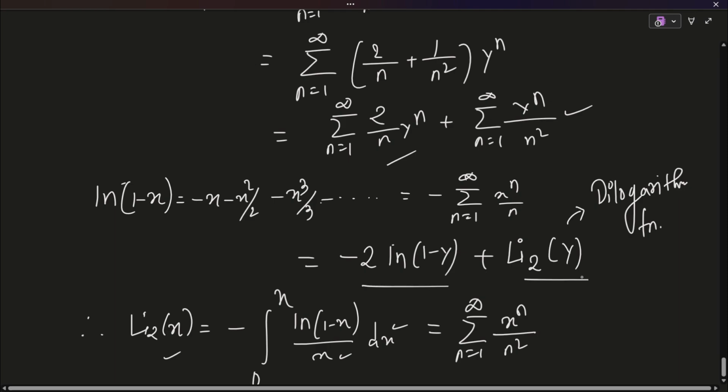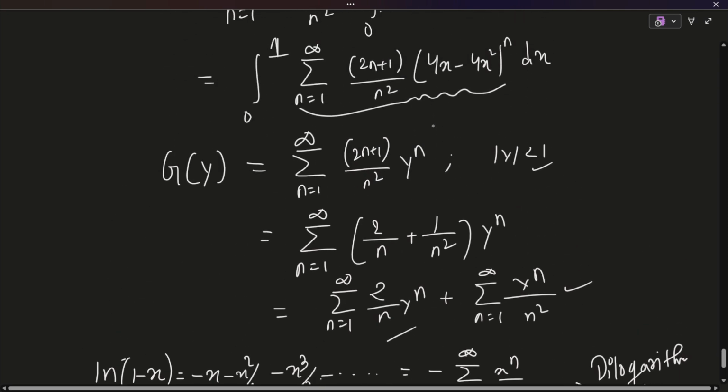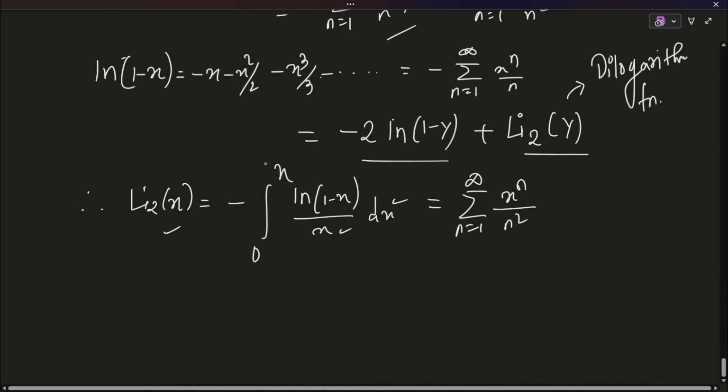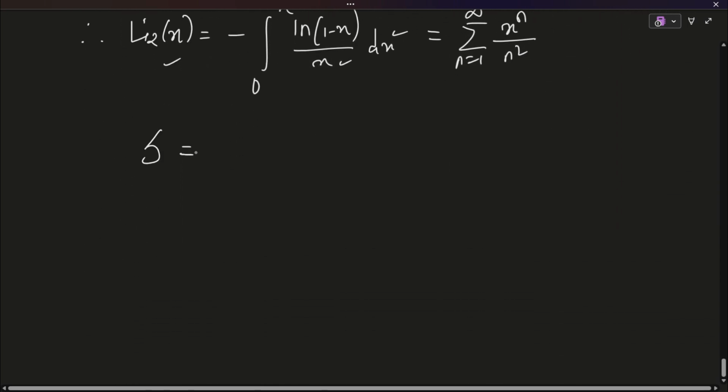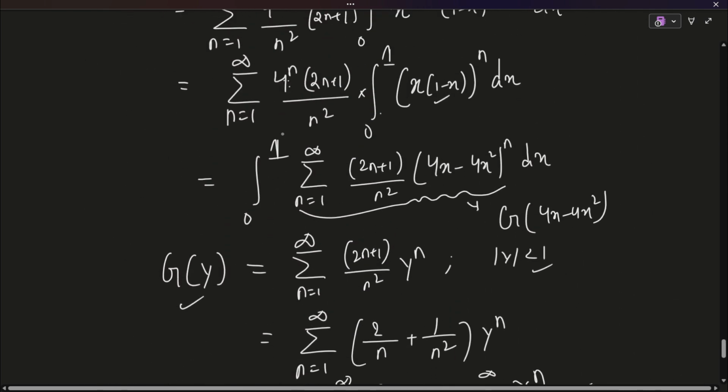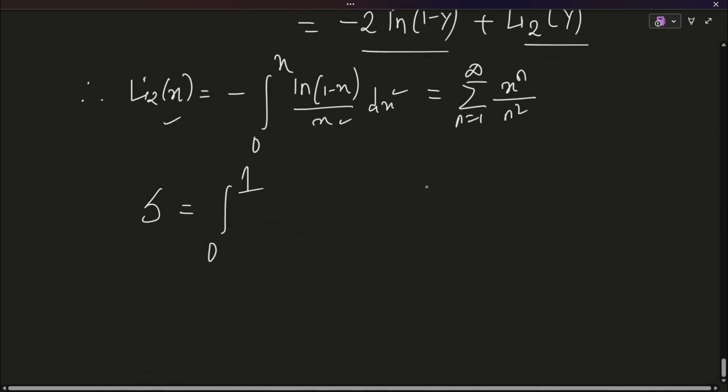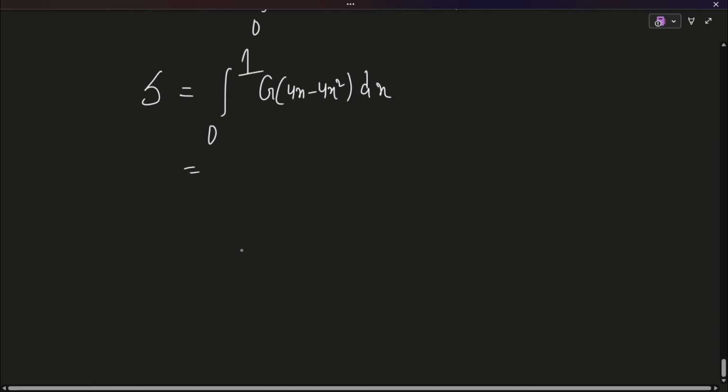Okay, so what we were doing, we were finding g(y), which we have found as minus 2 ln of 1 minus y plus Li₂(y). Notice the function inside the summation is basically nothing but g of 4x minus 4x², which is why we were evaluating g(y) in the first place. So our summation S simply becomes the integral 0 to 1 of g(4x − 4x²) dx.